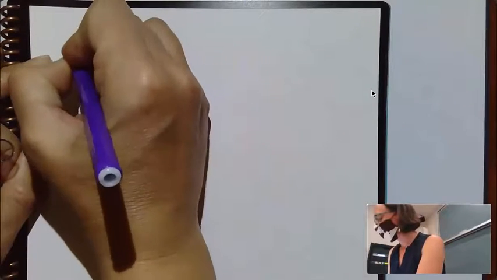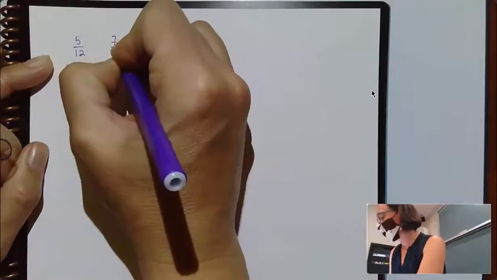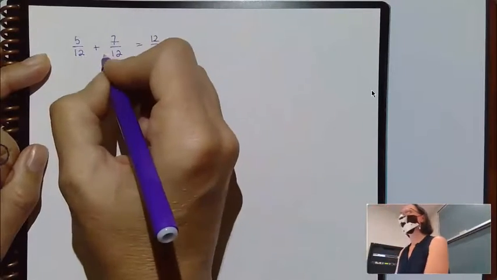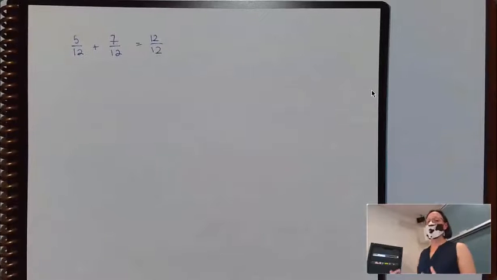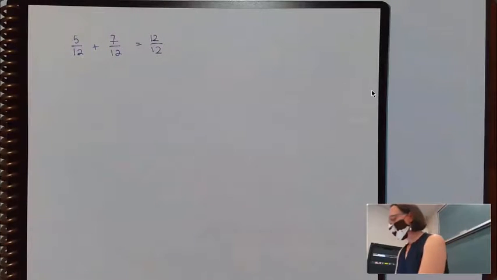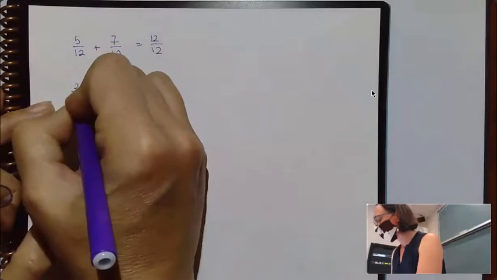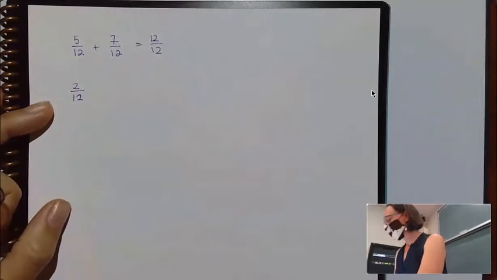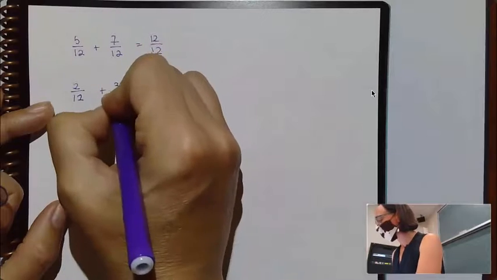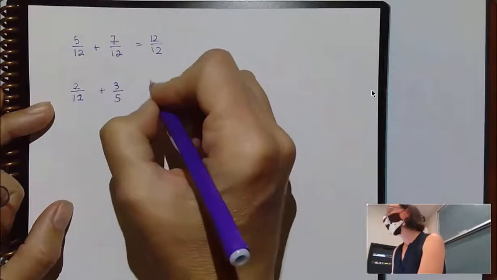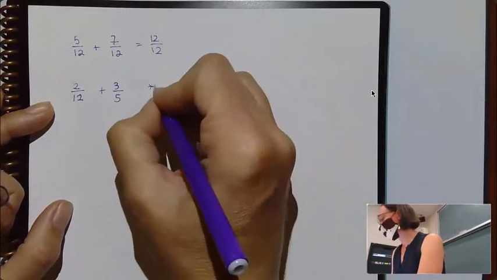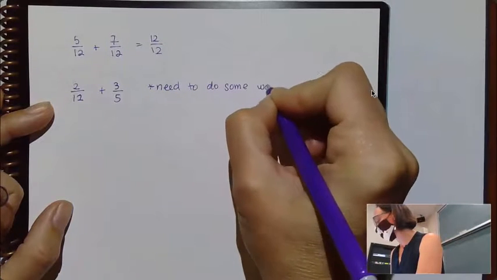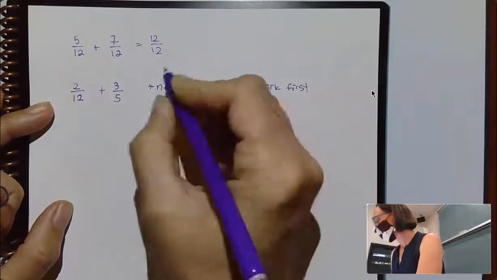If I have 5/12, I can add that to 7/12, because essentially these two are like terms. They're both something with 12ths. But if I had 2/12 plus 3/5, I would have to do some work first. I would need a common denominator.